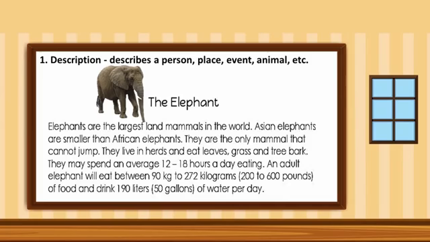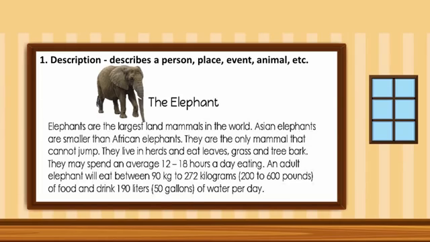They live in herds and eat leaves, grass, and tree bark. They may spend an average 12 to 18 hours a day eating. An adult elephant will eat between 90 kilograms to 272 kilograms, or 200 to 600 pounds, of food and drink 190 liters or 50 gallons of water per day.